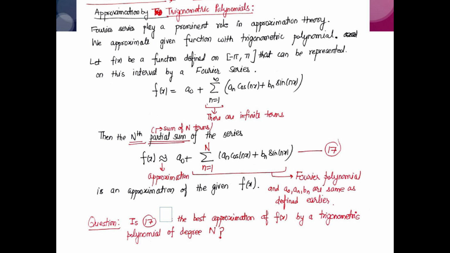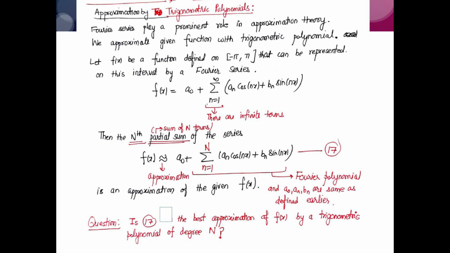n terms. Then the Fourier series can be written as a Fourier polynomial, which is a naught plus summation over small n from 1 to capital N of An cos nx plus bn sin nx. I am representing this by number 17. See the expression on the right hand side.